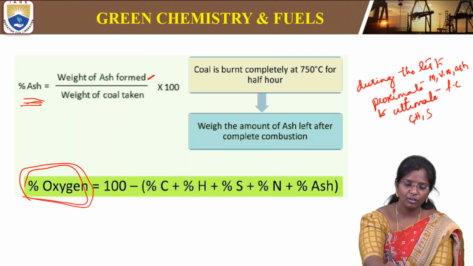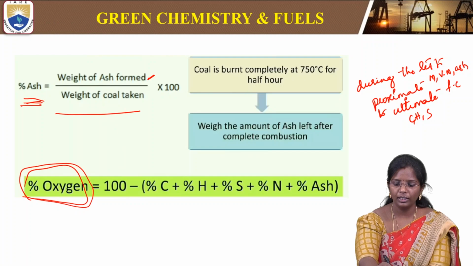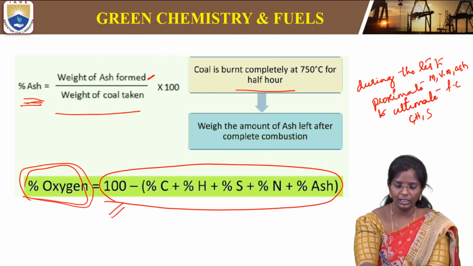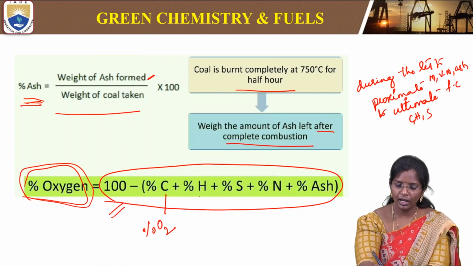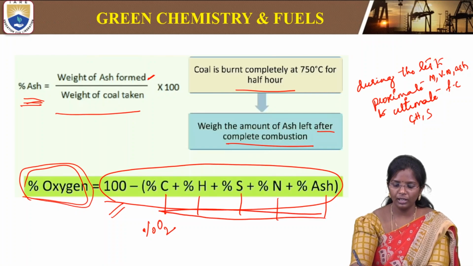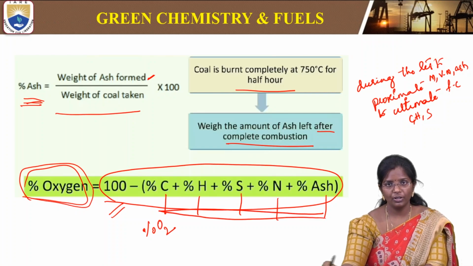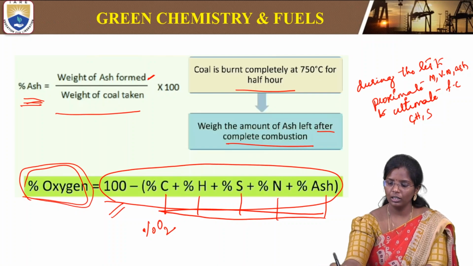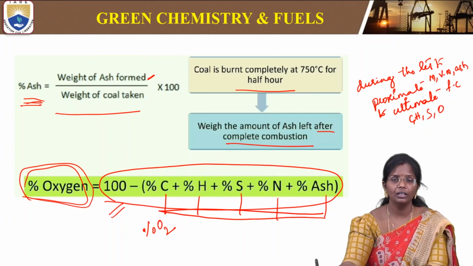The percentage of ash is the weight of ash formed divided by the weight of coal taken, times 100. Whenever it is completely burned, we weigh the amount of ash left after combustion, use this formula and subtract the other contents, carbon, hydrogen, sulfur, nitrogen and ash, from 100 to get the percentage of oxygen. This is how the carbon, hydrogen, sulfur and oxygen tests are done in the ultimate analysis.